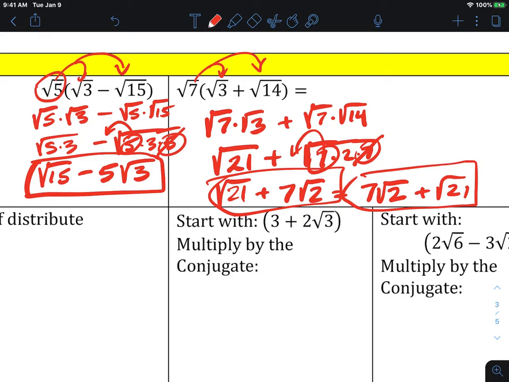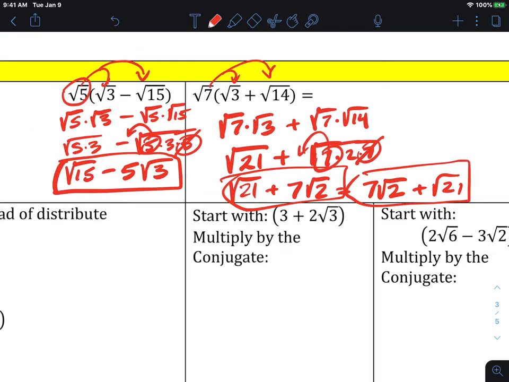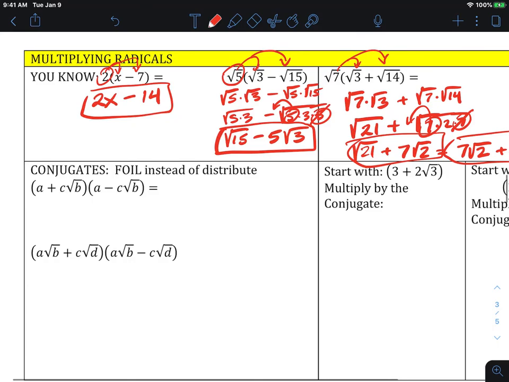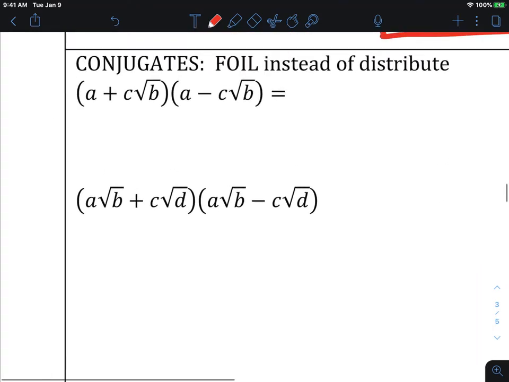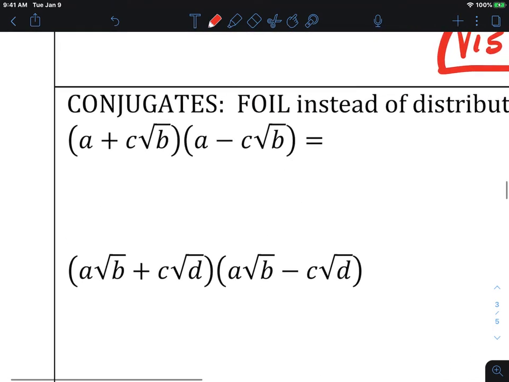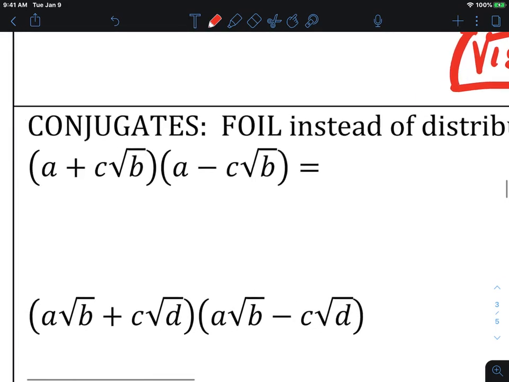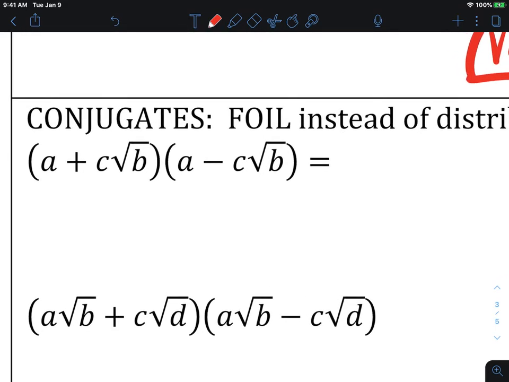All right, so here is the tricky part. These conjugates. If you've studied language, you've heard about conjugating verbs. The same thing kind of applies towards math. It's a different form of something else. All right, so the conjugate here is a plus c radical b times a minus c radical b.